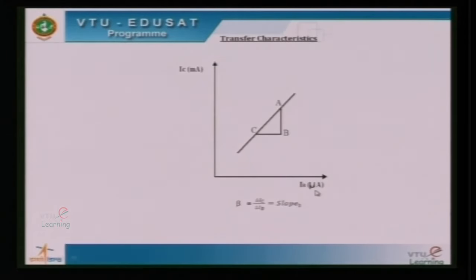IB is varied in steps of microamps, whereas IC is obtained in steps of milliamps, ensuring the amplification of the order of 10 power 3. So, the slope of this linear graph will give you the current amplification factor, which is in the range of 100 to 200.